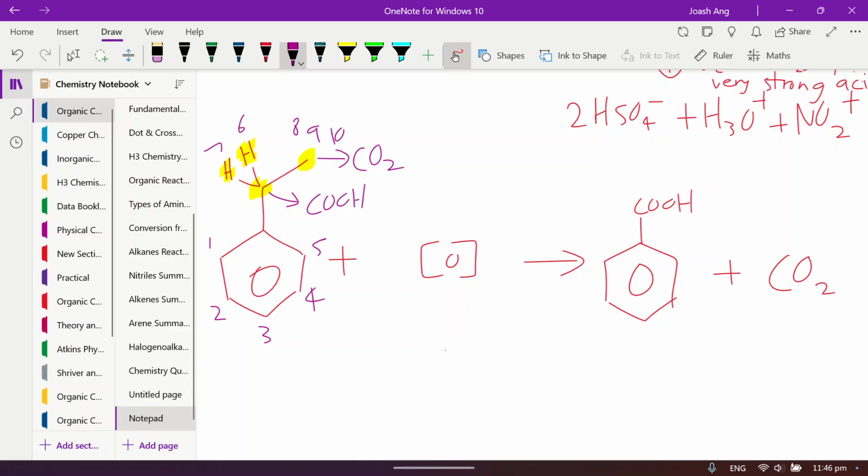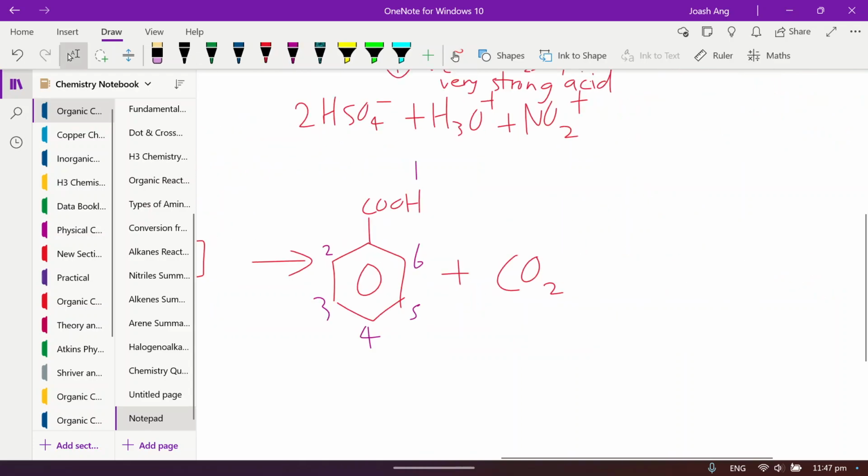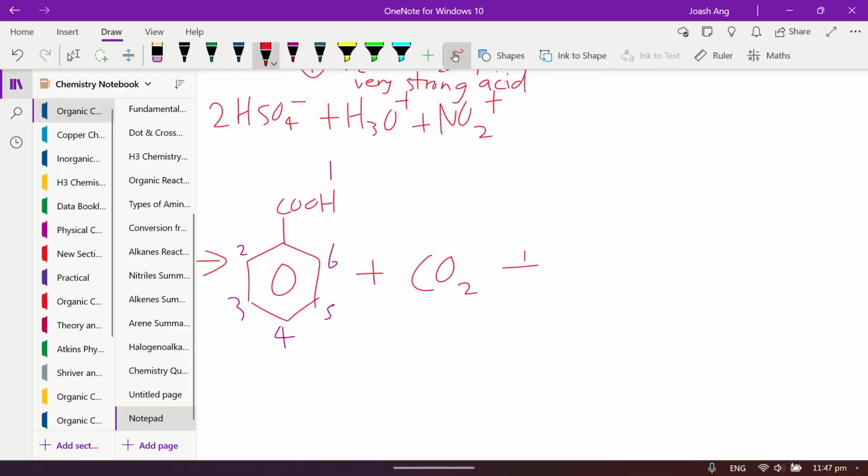And on the right hand side, we have 1, 2, 3, 4, 5, 6, 6 hydrogens. Oh wait, there are 10 hydrogens on the left, so we need 4 more hydrogens. My bad. So we balance using water molecules.